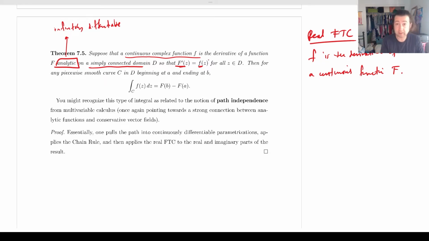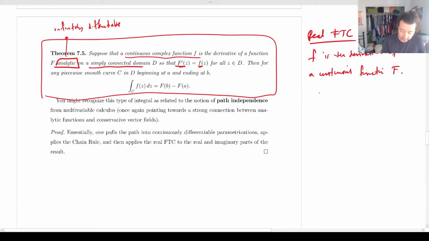You can just directly evaluate by taking the antiderivative and plugging in the endpoints. So this is an amazingly powerful theorem. So to reiterate, the relationship with the complex fundamental theorem says that f is continuous and F is analytic.